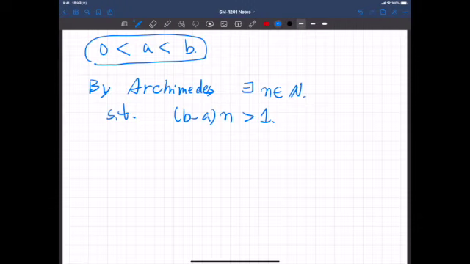So by dividing both sides by n, we have b minus a greater than 1 over n. So move a to the right hand side and swap sides. We have a plus 1 over n less than b. Right? And then we apply Archimedes principle again.